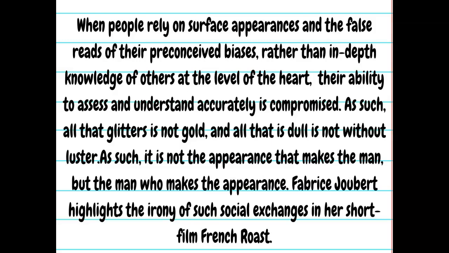As such, all that glitters is not gold, and all that is dull is not without luster. As such, it is not the appearance that makes the man, but the man who makes the appearance. Fabrice Joubert highlights the irony of such social exchanges in her short film, French Rose. So you can see the last sentence always drops the terms, the devices, the techniques.